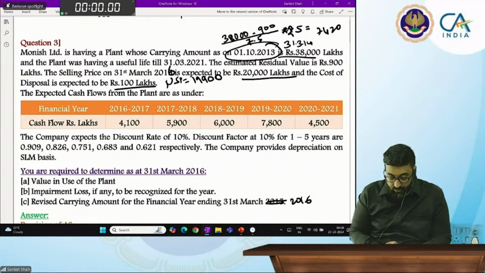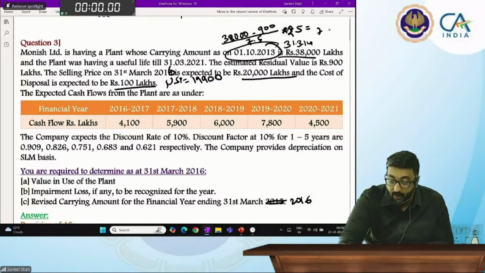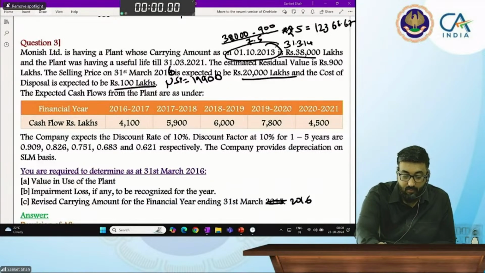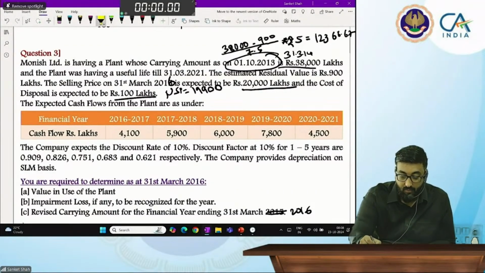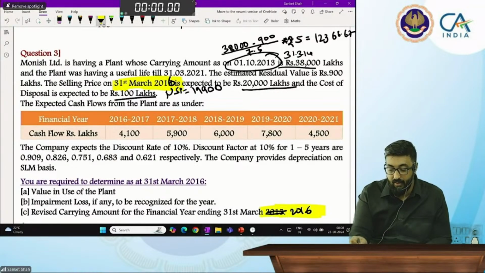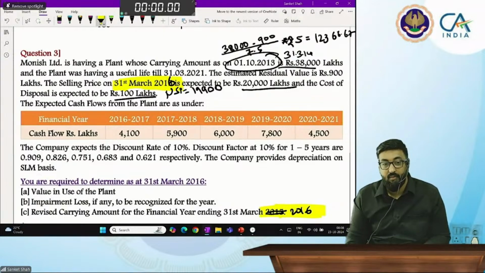So 38,000 minus 900 divided by 7.5, and 31st March 2016 is a date I will consider. So 2.5. So 2.5 means 12,366.67. बेटा ये डेट चेंज कर देना. ये देखो, ये एक डेट गलत हो गई है बस, और ये यहाँ पे ये गलत हो गई. ओके, yes, so you have to provide depreciation for 2.5 years.